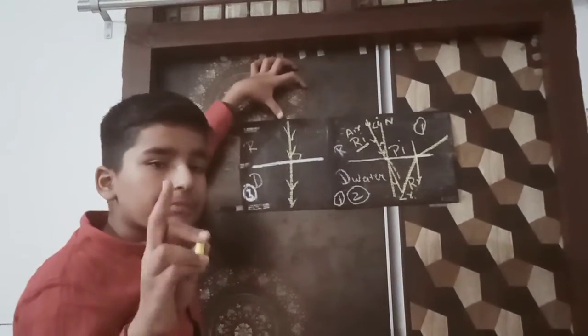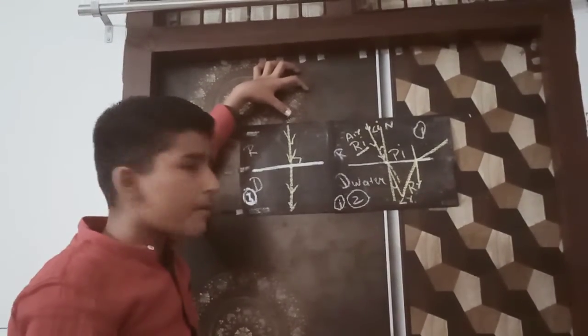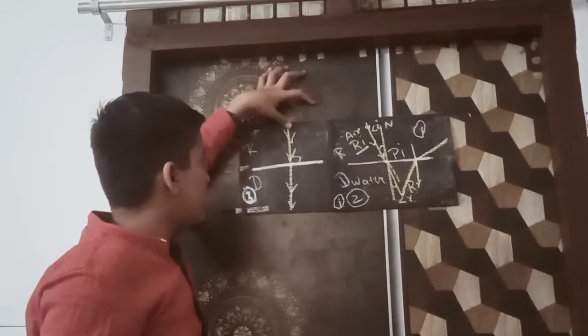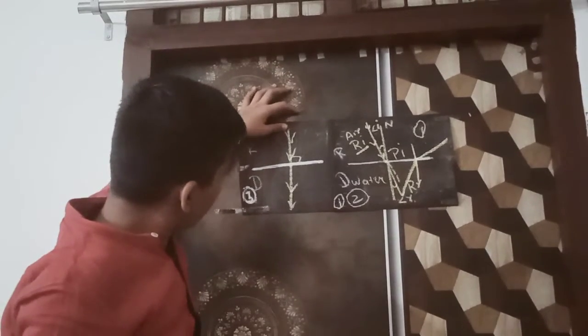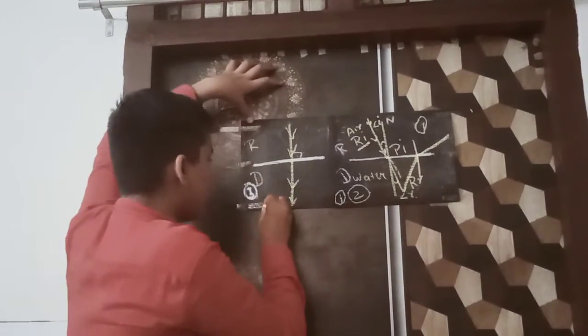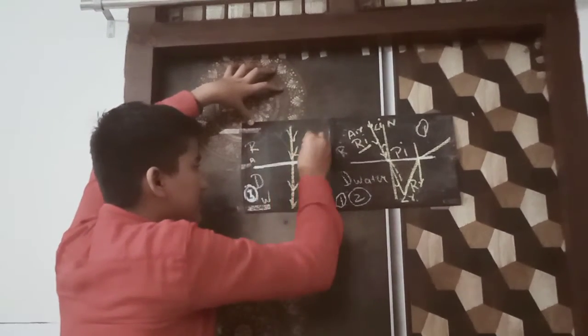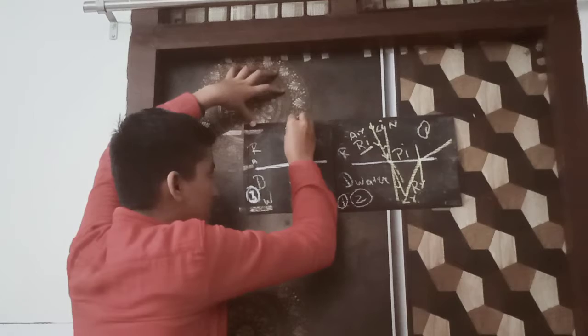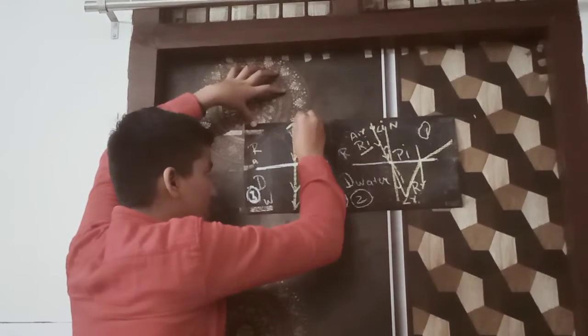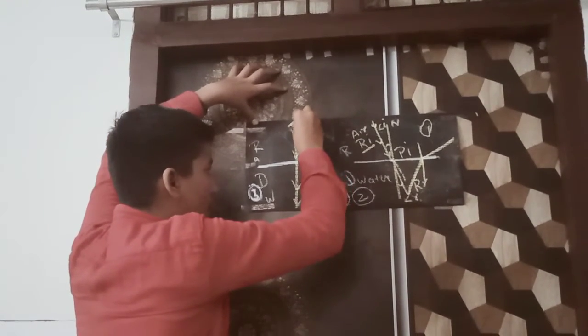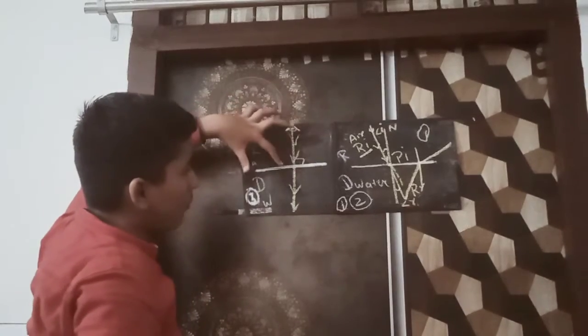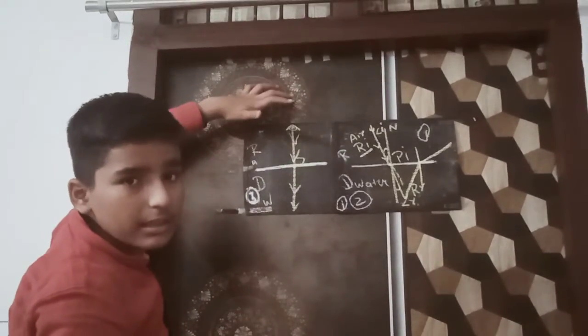Many of you have this question, why does this condition form? Let's take this as water and this as air. We are looking from here into the water. Our eye is here. We are looking at the water at a 90-degree angle.